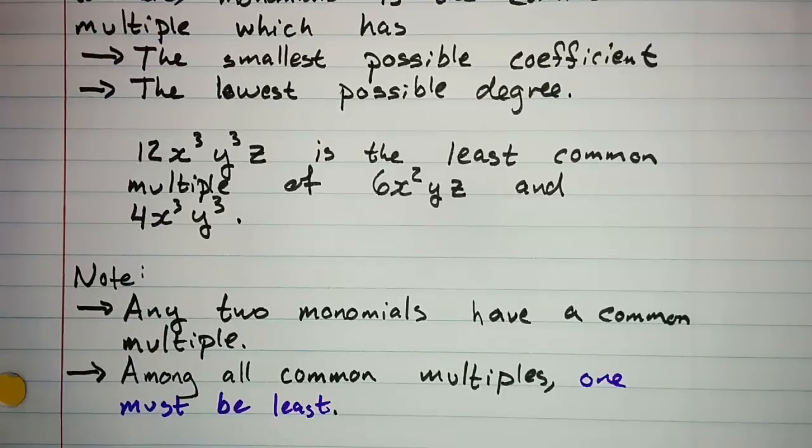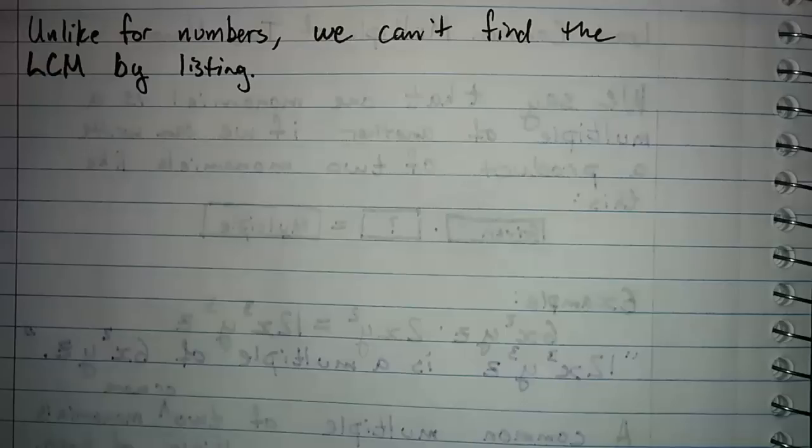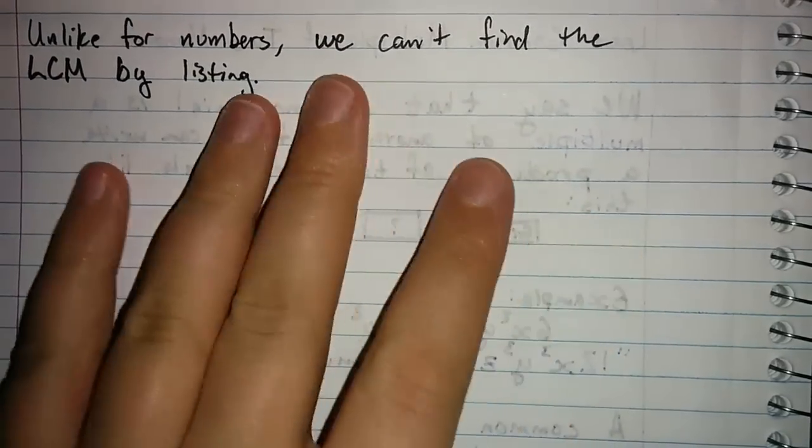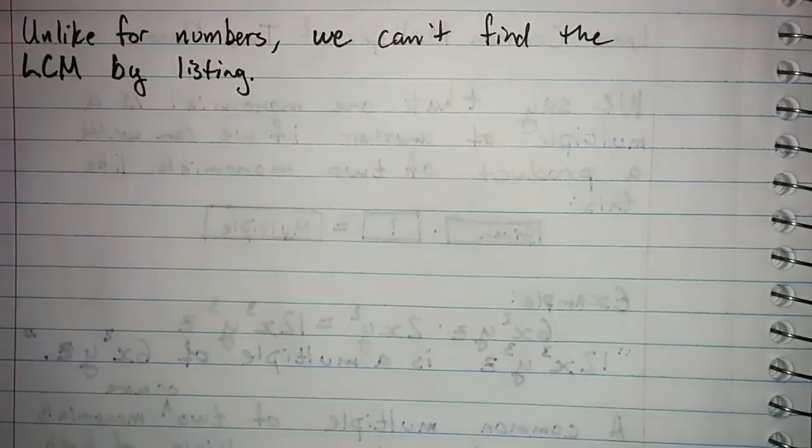Unlike the case for numbers, though, we can't just make a huge list of multiples of each monomial and look through and pick. Why not? Because if we're going to try to list all of the multiples of some monomial, we're going to be here for a while, because we're allowed to introduce new variables.